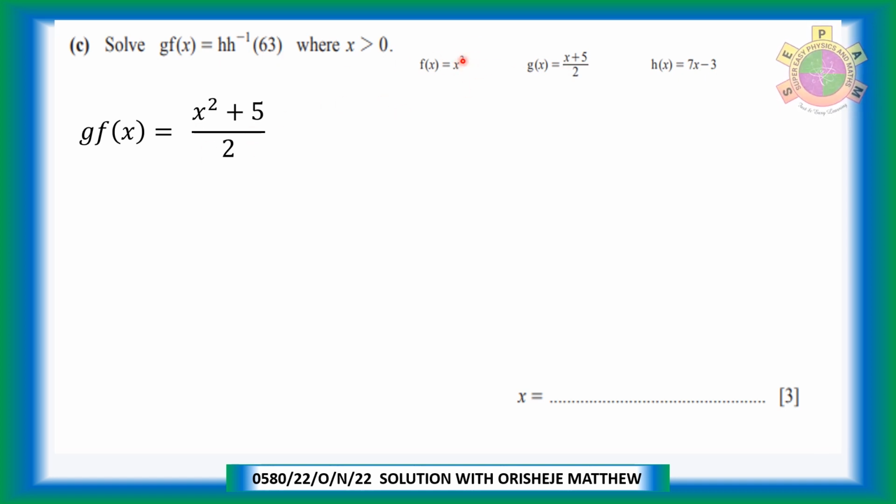Anywhere you see s, you replace it with s squared. So that will give you g of f of s. So that's how we got this. All we need to do is replace s with s squared. So this is the left hand side. Then let's go to the right hand side.